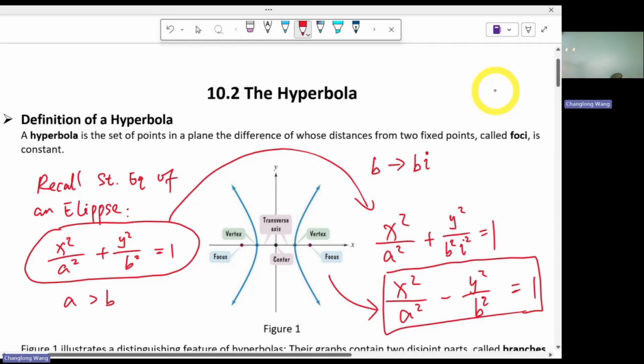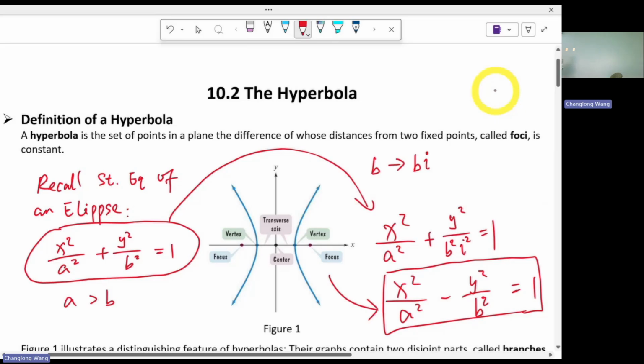The one on the right that I circled, you see that the graph is a hyperbola. That's corresponding to the one that has a negative sign in between. Now, this version is for a horizontally opening hyperbola.